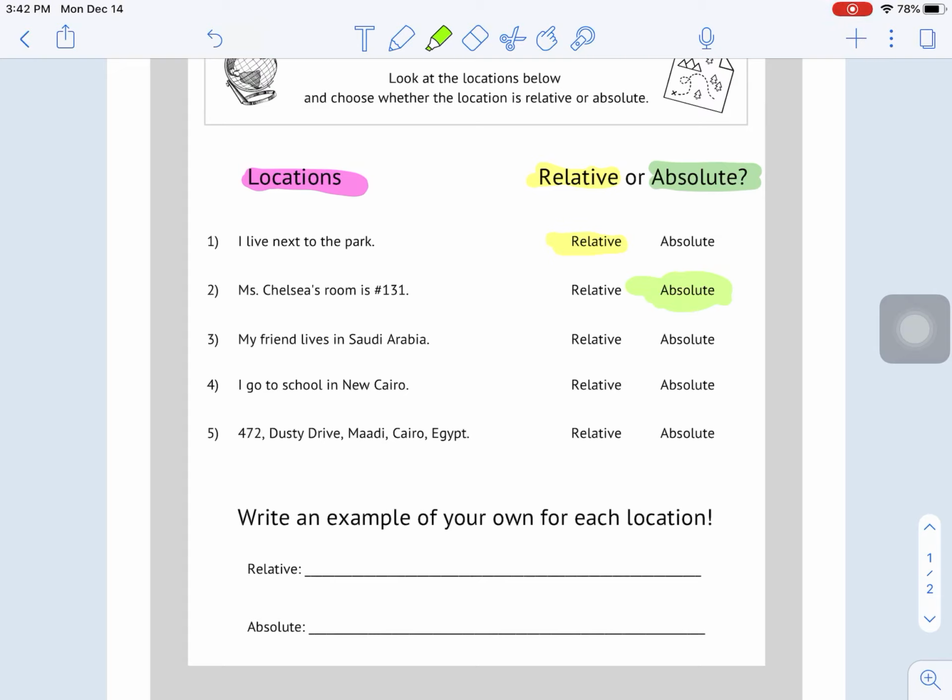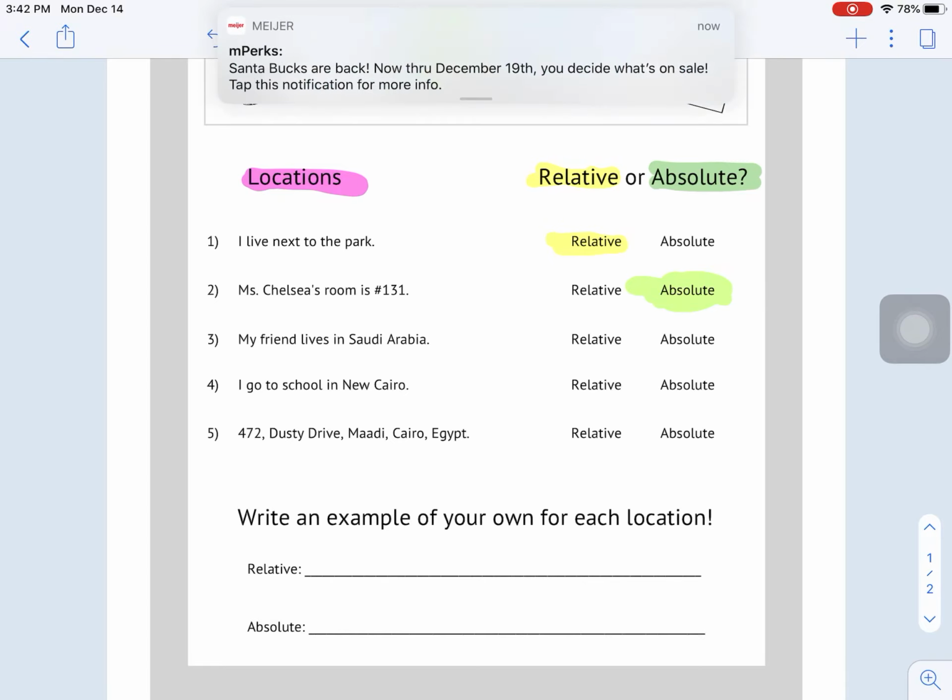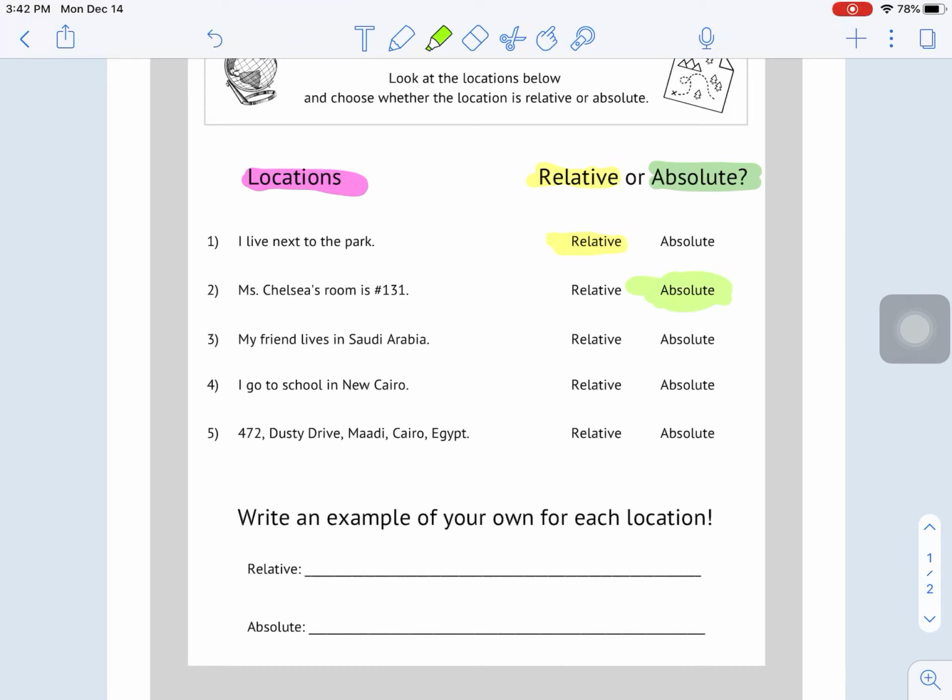If I were to go into a school and I asked the secretary, which room is Miss Chelsea's room, and they said 131, I could walk right there, and that would be the exact location for her room. It's not saying, for example, Miss Chelsea's room is next to Mrs. Smith's room. Or it's not saying Miss Chelsea's room is near the drinking fountain. Nope, it's telling me it is room 131, and that's its exact location.